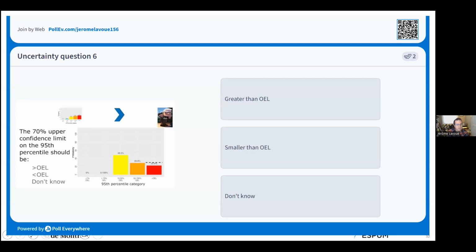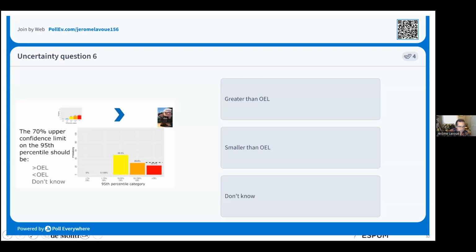There's a 22% chance that the true 95th percentile is above the OEL, 28% that it's between the OEL and the OEL divided by 2, and 48% chance that it is below half the OEL.